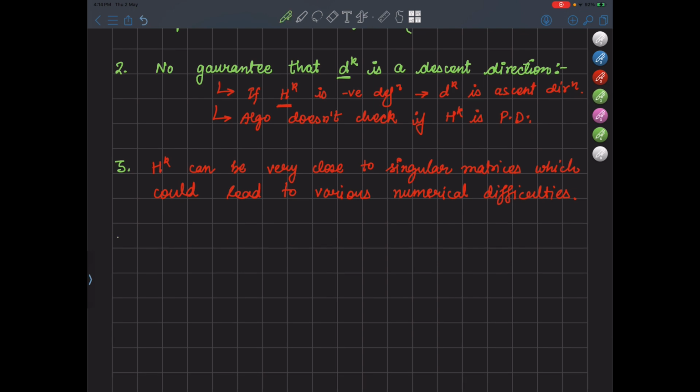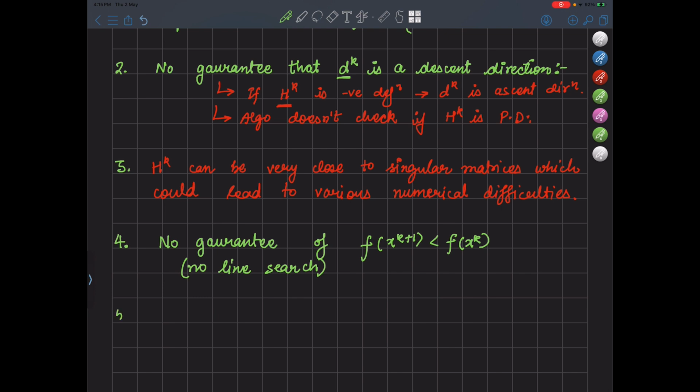Apart from that, there are several other problems as well, like there is no guarantee of f(xk+1) being less than f(xk), because there is no line search that we do. So we do not optimize according to line search, so this is not ensured.